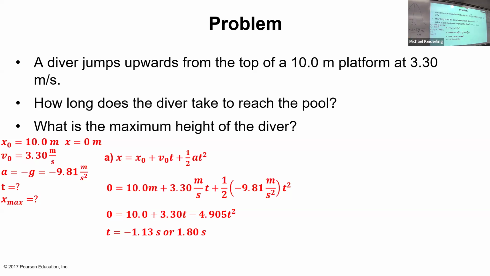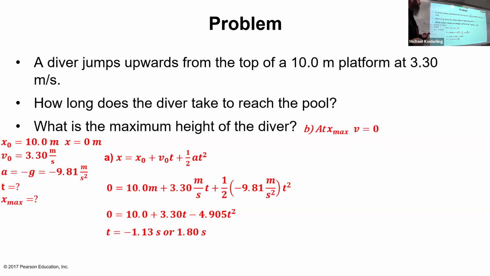There. That's the quadratic formula. It gives you two values. The two values you'll get out are negative 1.13 seconds or 1.8 seconds. Obviously, it didn't take negative time for you to reach the pool. So the time is positive 1.8 seconds. So this is the correct answer.